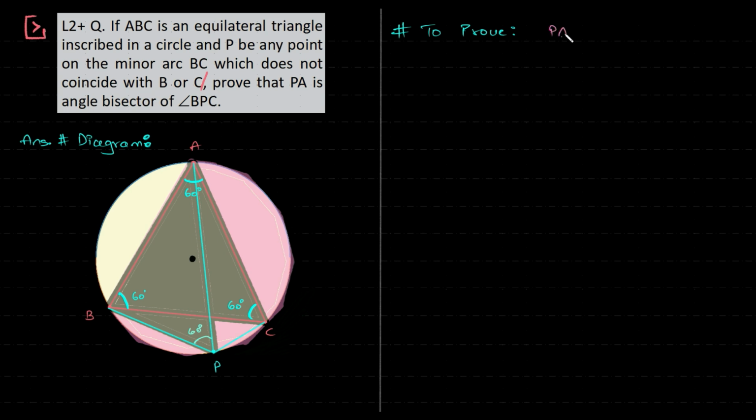PA is an angular bisector of angle PBC. Proof.